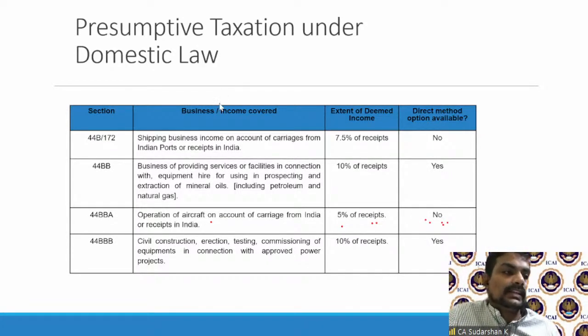So mandatorily, you would have to pay. You do not have an option to declare a lower version.